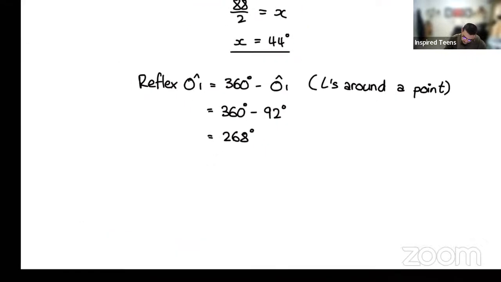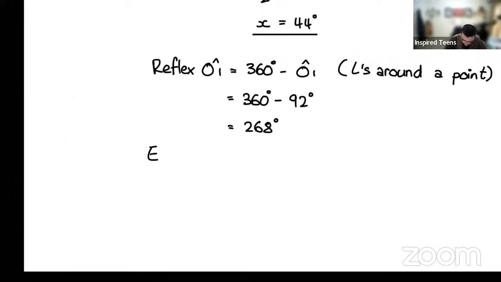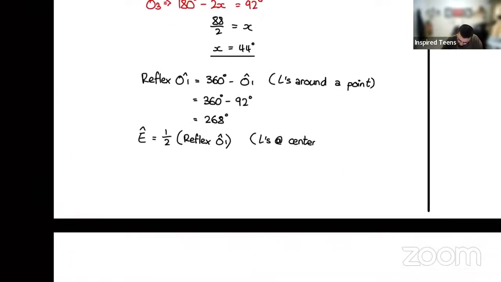Okay, then we can say, what is this angle? Angle E or angle OY. Angle E is equal to a half times reflex O1. And the reason for this is angles at center equals 2 times angles at circumference.